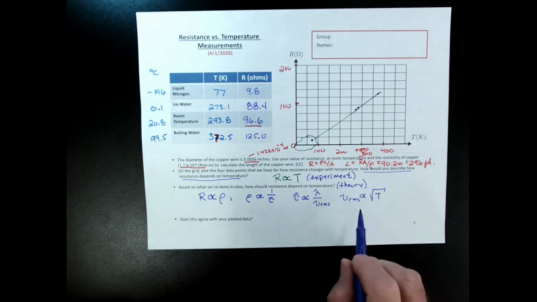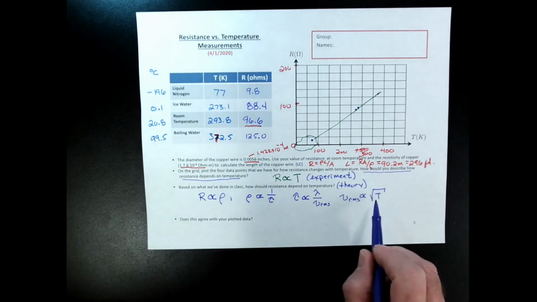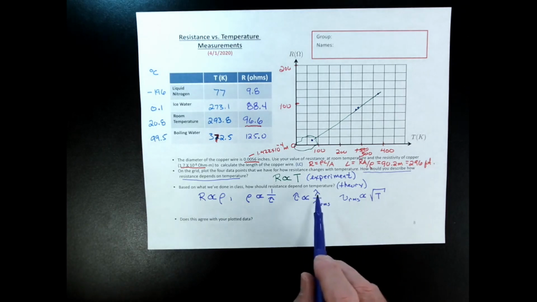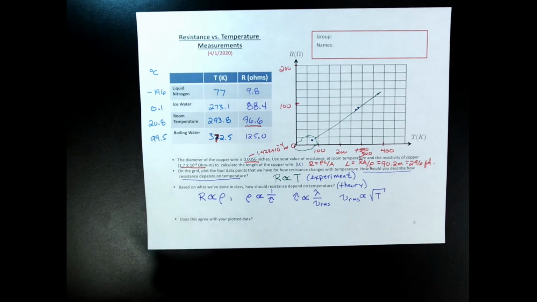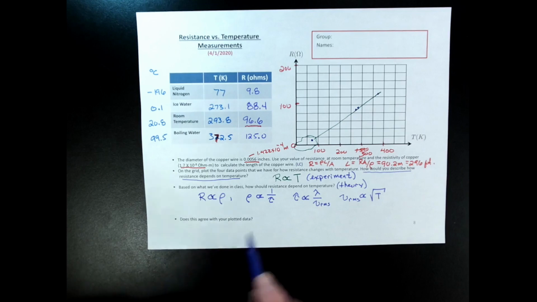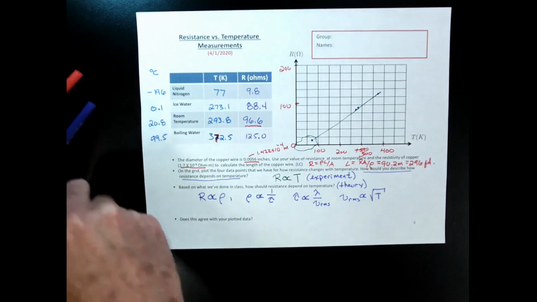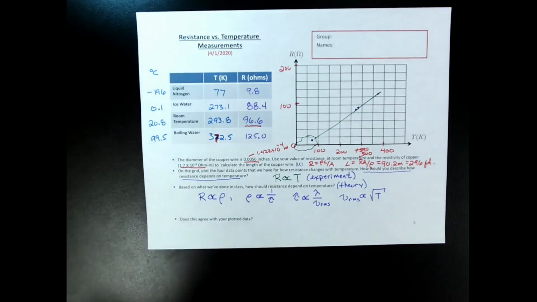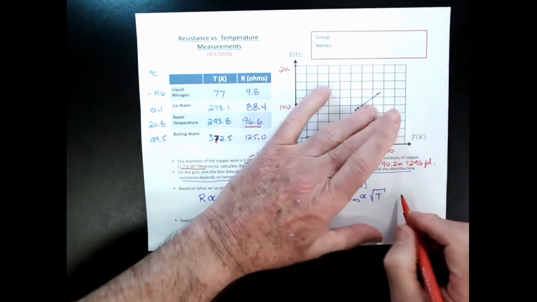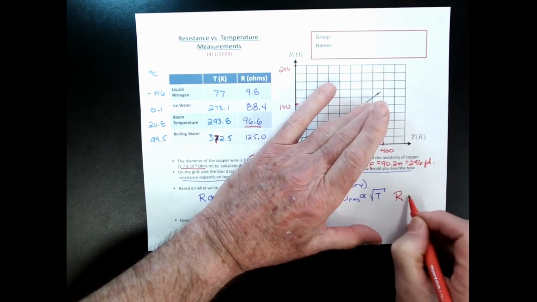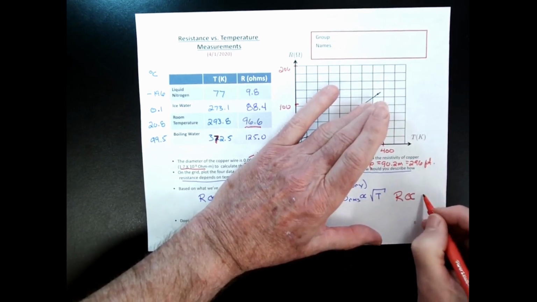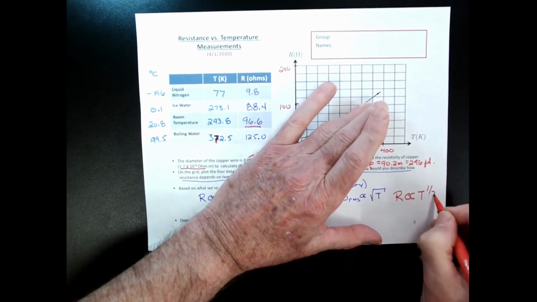So tau is proportional to lambda over the square root of temperature, and you run this the whole way back through the proportionalities, and what you get is that R, the resistance, should be proportional to temperature to the 1/2.